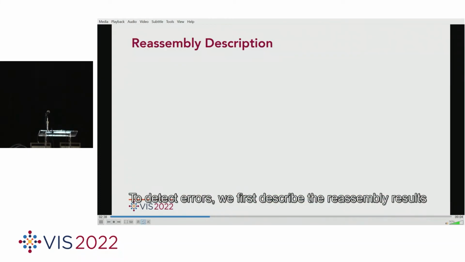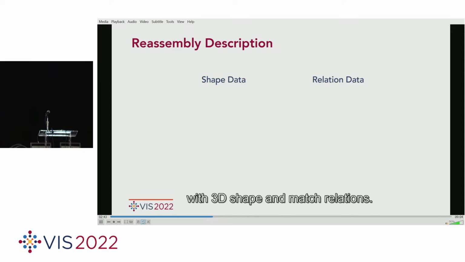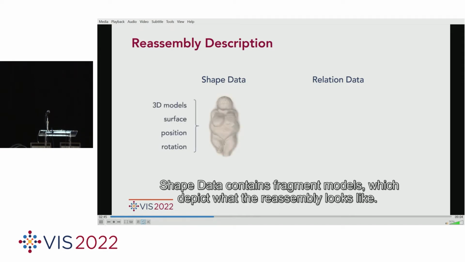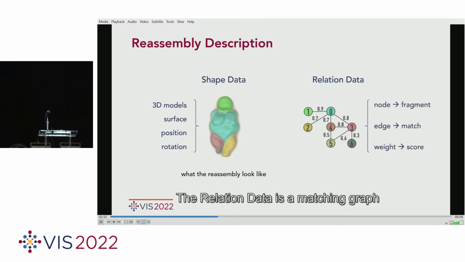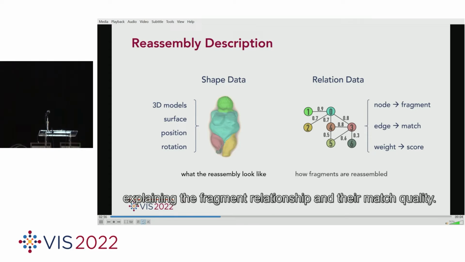To detect errors, we first describe the reassembly results with 3D shape and match relations. Shape data contains fragment models, which depict what the reassembly looks like. The relation data is a matching graph that includes fragment relations and matching scores, explaining the fragment relationship and their match quality.